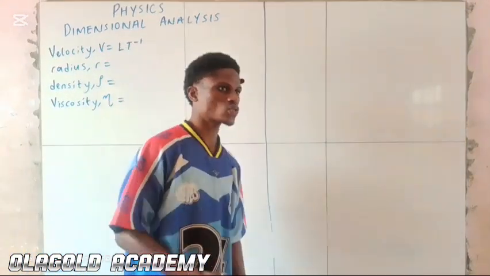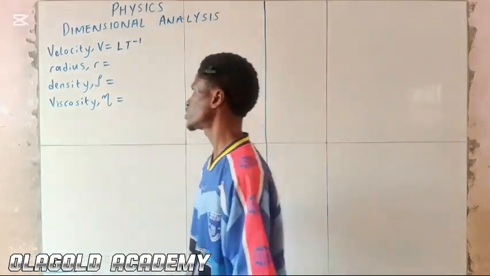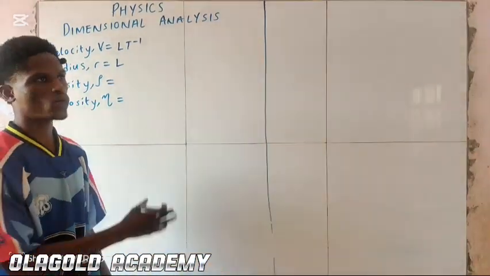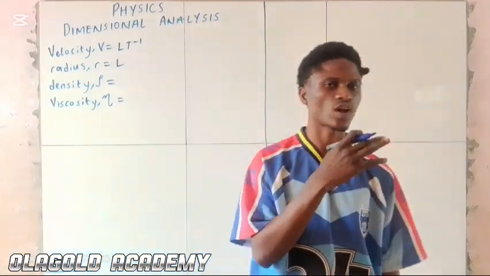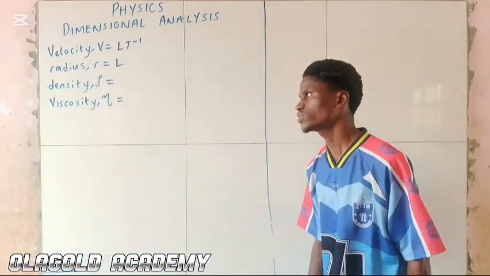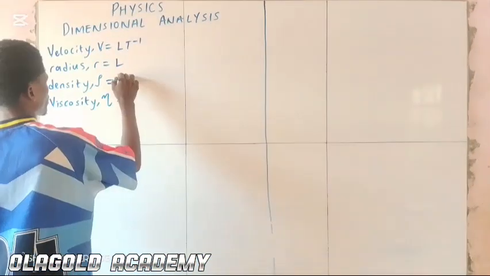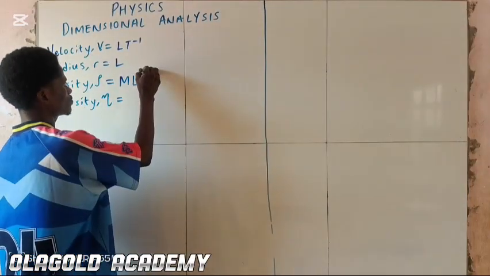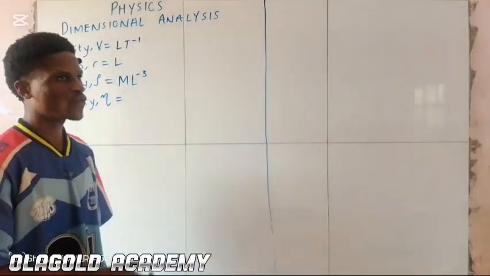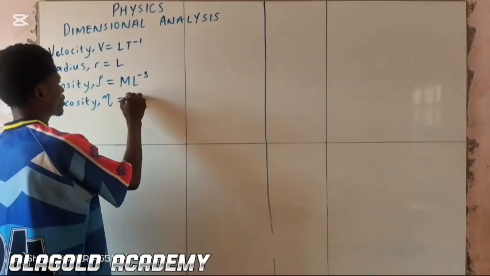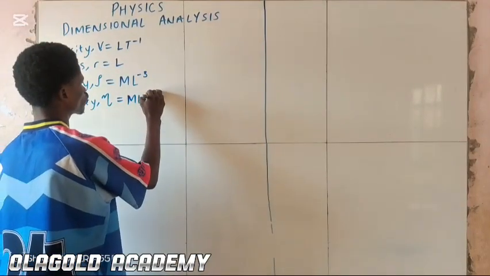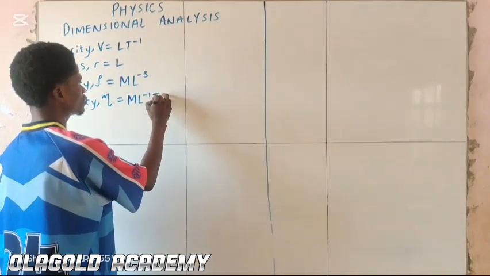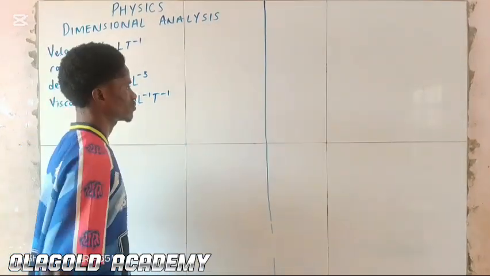The dimension for radius is L. The dimension for density is ML raised to power minus 3, and the dimension for viscosity is ML raised to power minus 1, T raised to power minus 1.